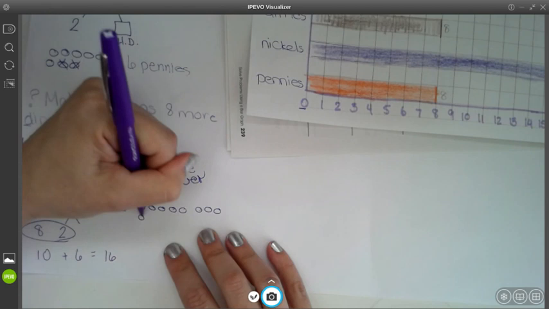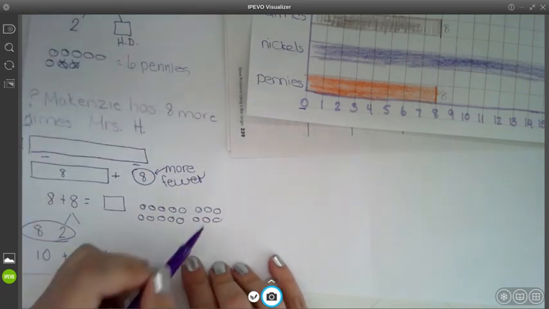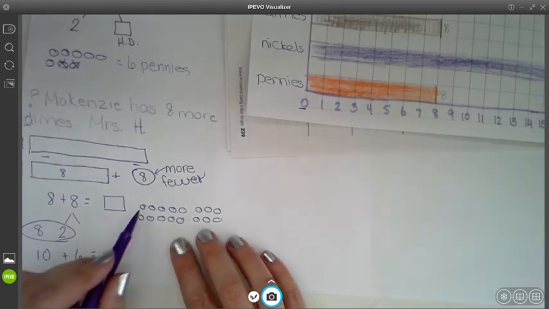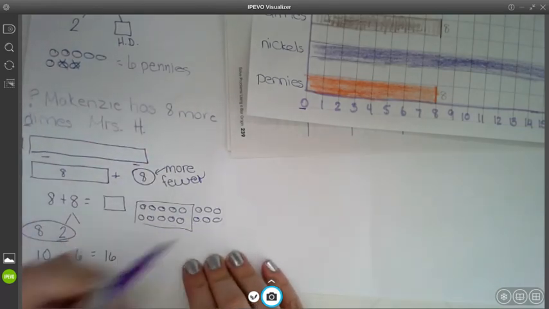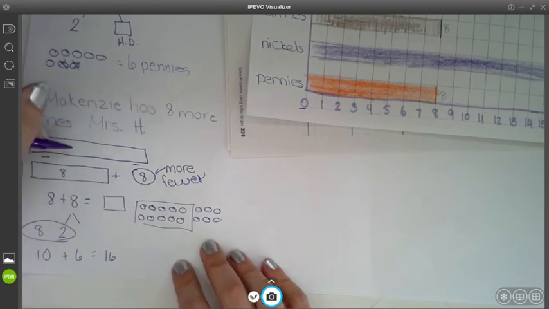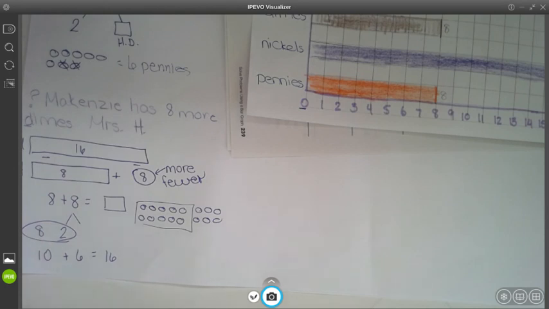This is a quick doubles number also. Then you can just count up those individual numbers. You can see right here that we've created a 10, and then you can count those 6 ones individually. So we know in this case that Mackenzie would have 16.